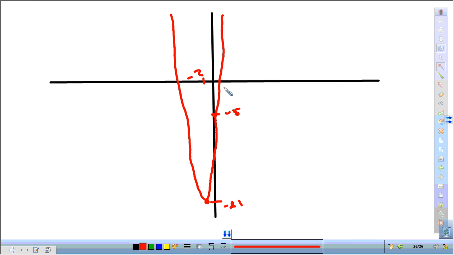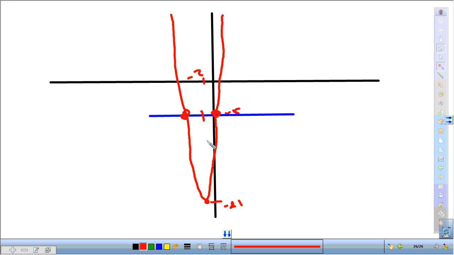And I could graph in these x-intercepts, which are nice, but once I get one point on the parabola, other than the vertex, I can move across symmetrically and produce another point.